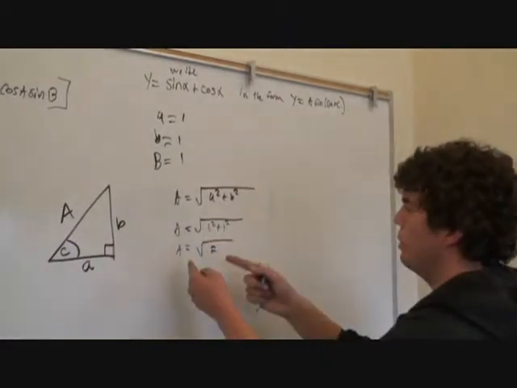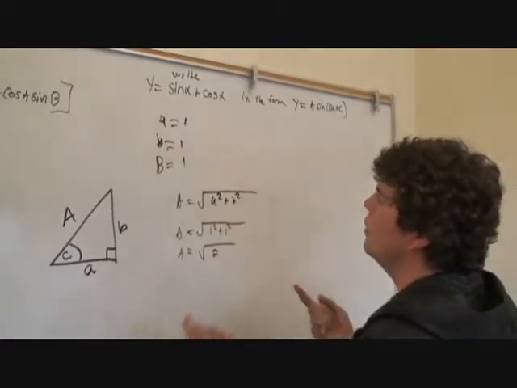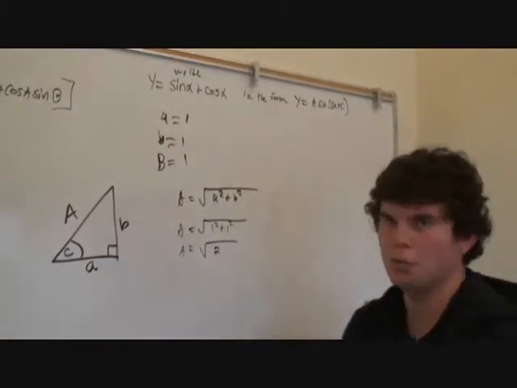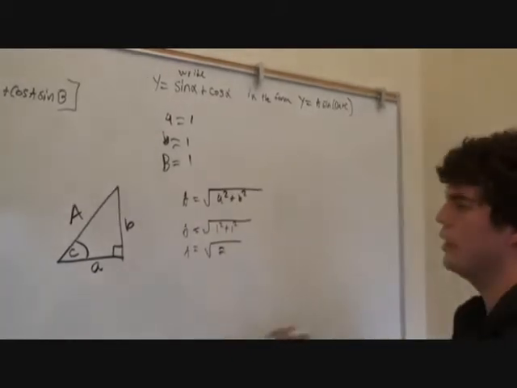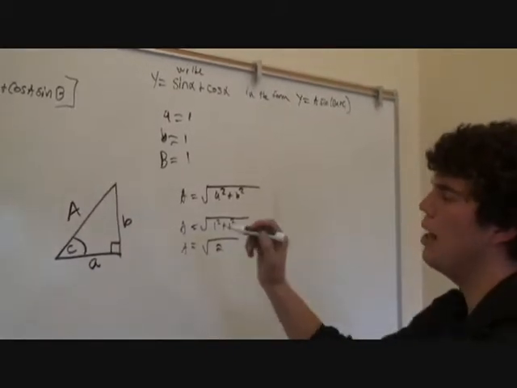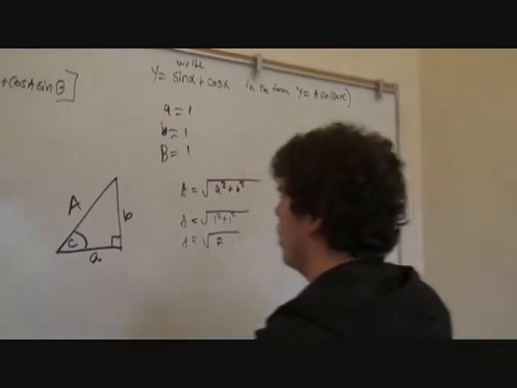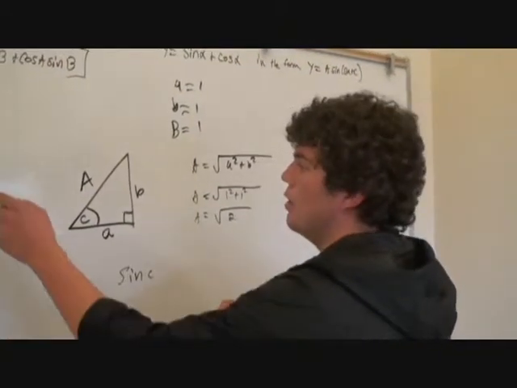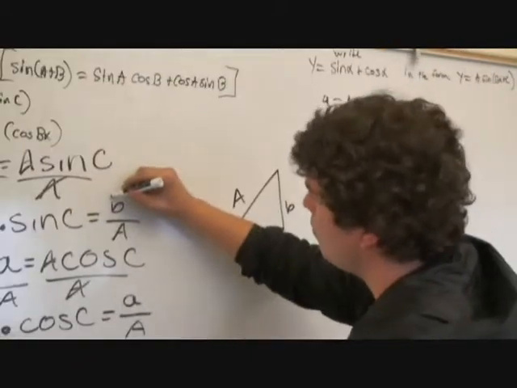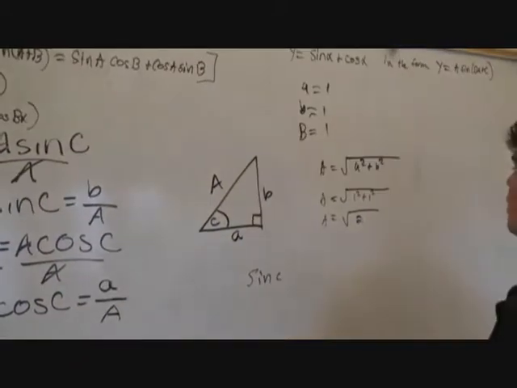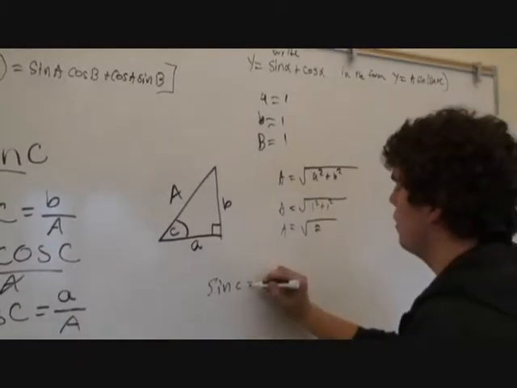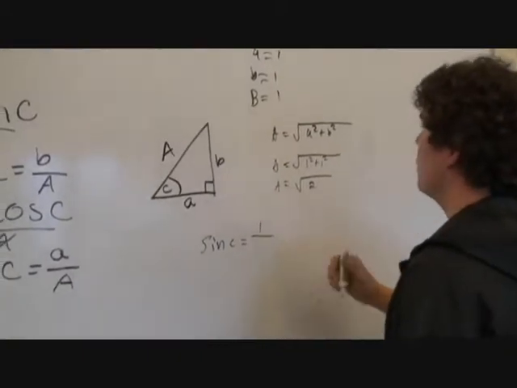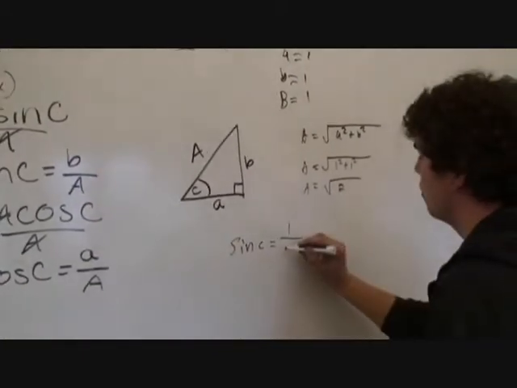And now that we have big A, little b, and even big B, which will help us in the end, we can plug it into our ratios, which will help us find C. So we know that sine C equals little b over big A. Well, we know that little b equals 1 over A, which is rad 2.